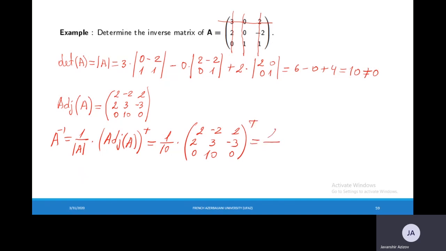From here, you know that the transpose of this matrix will be this: 2 minus 2, 2, 2, 3 minus 3, 0, 10, 0. This expression will be the inverse of A. That's all.